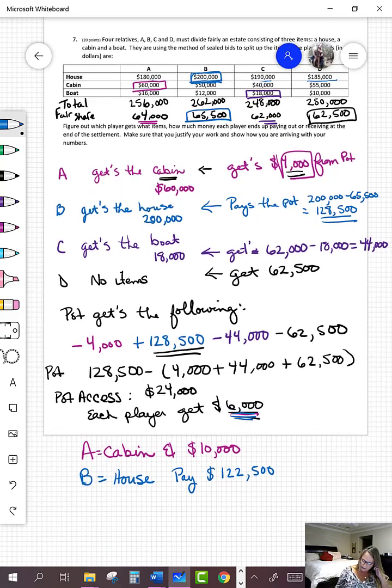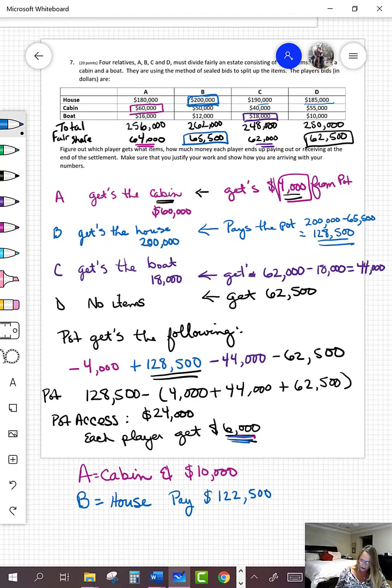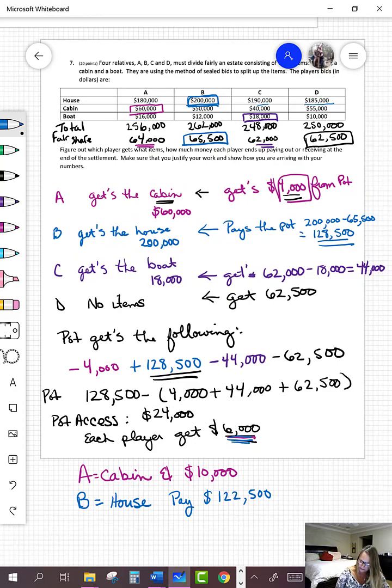Did I do that right? Sorry, he had to pay, I was wrong over here. I missed that when I was doing this. Player B, $65,500. This was off.